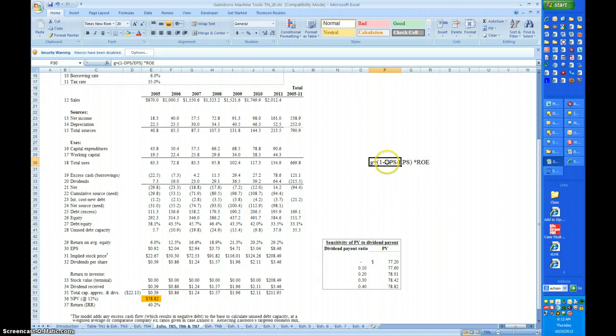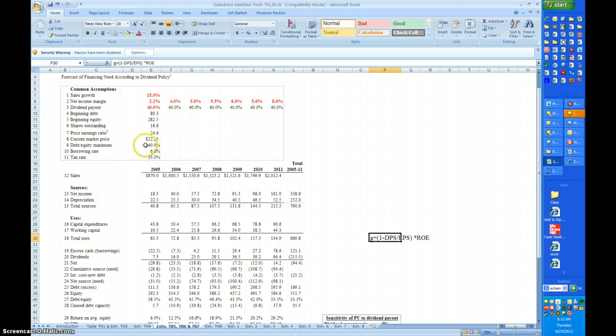So if they pay out a big dividend, then the growth rate is going to be lower. And that's what's being calculated here.